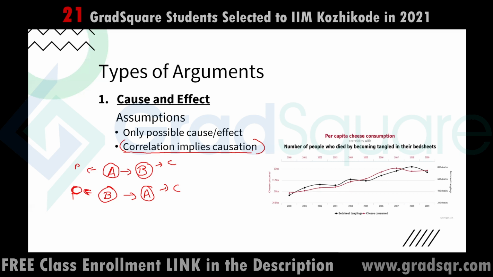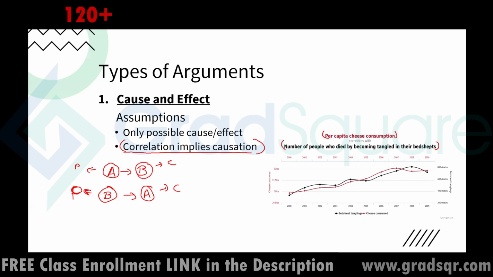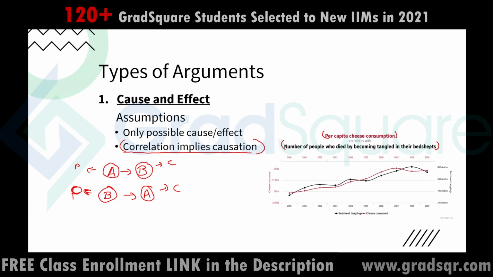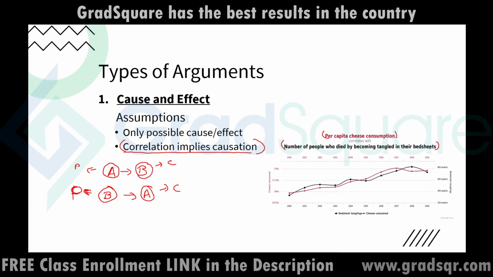So someone can look at this graph and say that per capita cheese consumption is the cause for people dying tangled in their bed sheets, because the graph shows that they are connected. When per capita cheese consumption increases, the number of people who die by getting tangled in their bed sheets also increases, and that is why we should reduce the amount of cheese consumption. That can be an argument presented by someone.